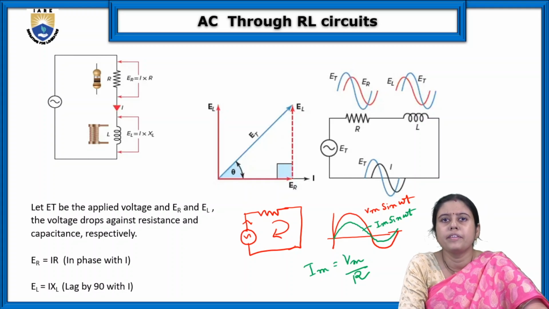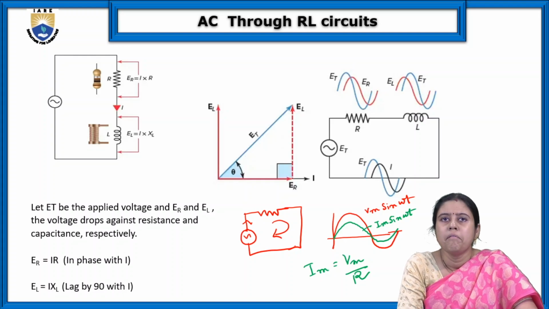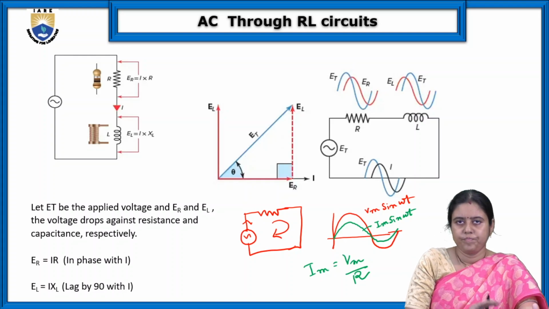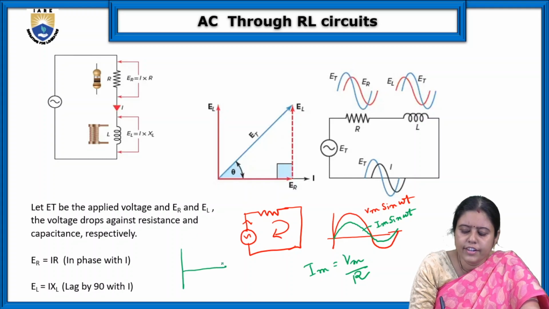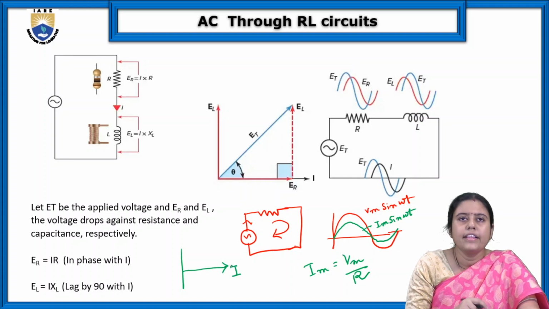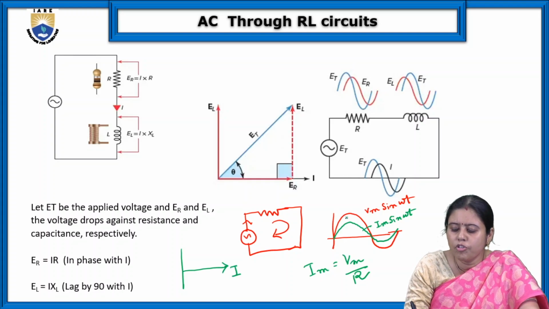What is a phasor diagram? A phasor diagram is nothing but the linear or pictorial representation of the circuit. With a simple R circuit, we can draw this diagram. If this is the voltage I am drawing with current I, then current and voltage have no phase difference.